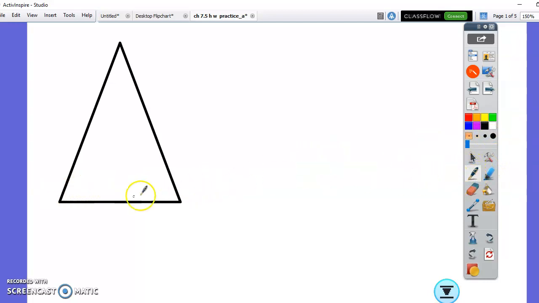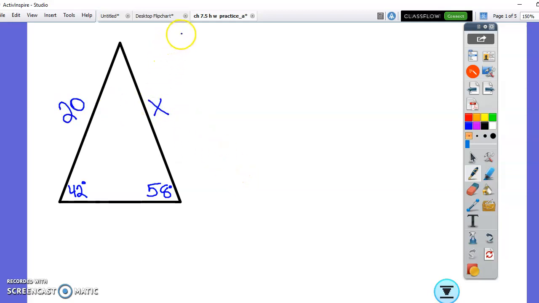I'm going to be missing a side. So let's say this measures 42 degrees. And this measures, let's say, 58 degrees. I know how long this side measures. It's going to be 20 inches. Find the length of that side.